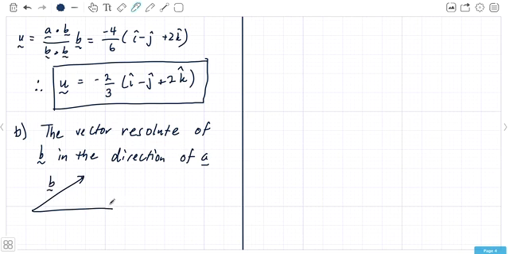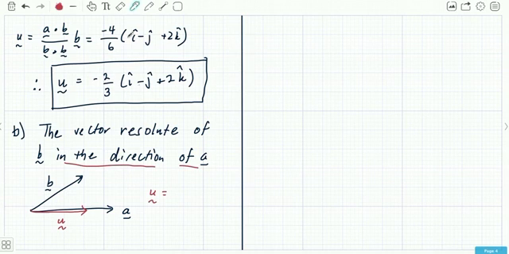You'd have this kind of setup here, and then you'd be looking at this vector here. I'm just going to call it u again. This time for u, in the direction of is talking about A, so we can put the A over here, and then the dot product of A underneath.